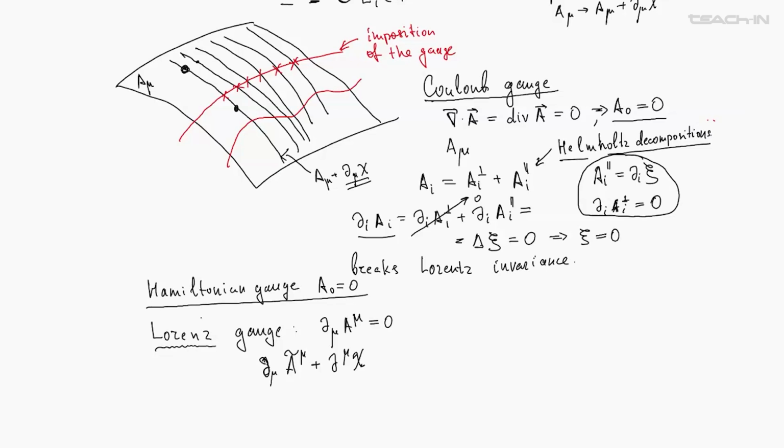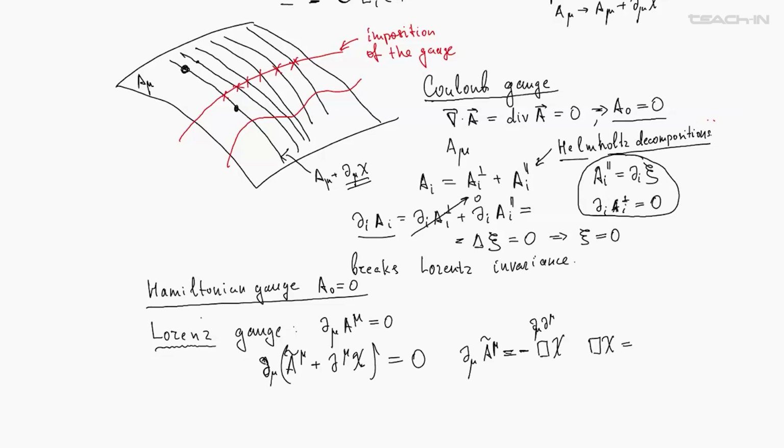Then you get an equation: d mu A mu tilde is equal to minus box chi, where the box operator is d mu d mu acting on chi. This is what is called the Helmholtz equation, or inhomogeneous wave equation.